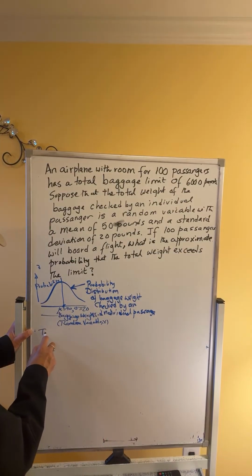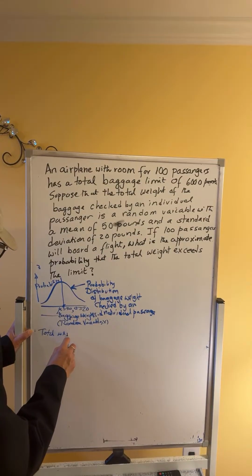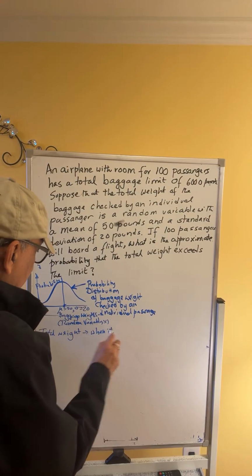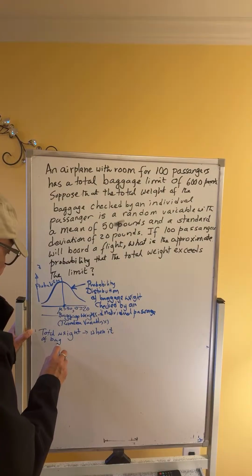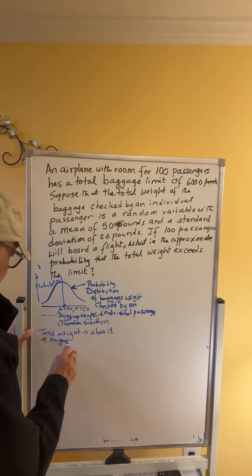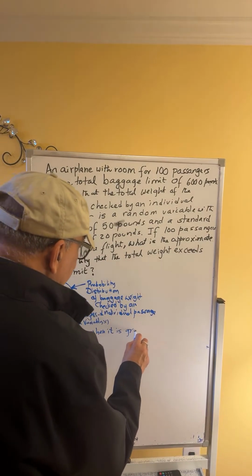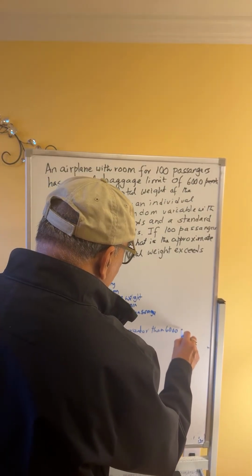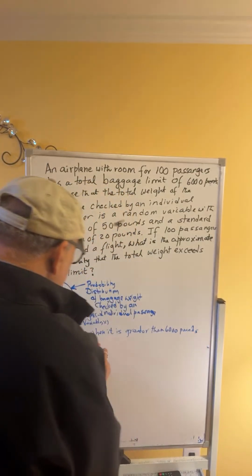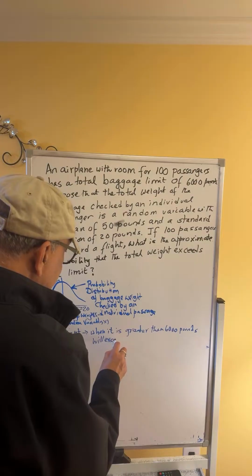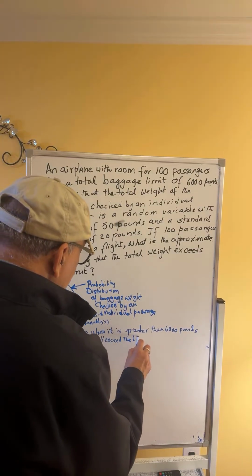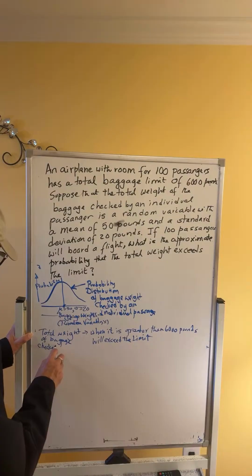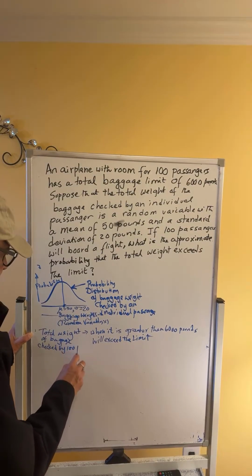So when the total weight of baggage checked by 100 passengers is greater than 6,000 pounds, it will exceed the limit, or exceed the restriction.